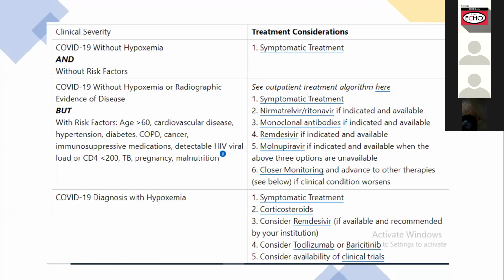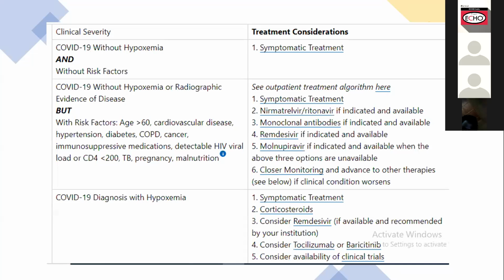And there are a number of different antivirals you can use to stop the replication or the transcription of this virus. One is ritonavir-boosted nirmatrelvir, and the other antiviral you can use is molnupiravir.